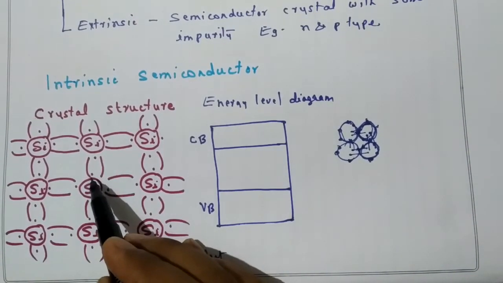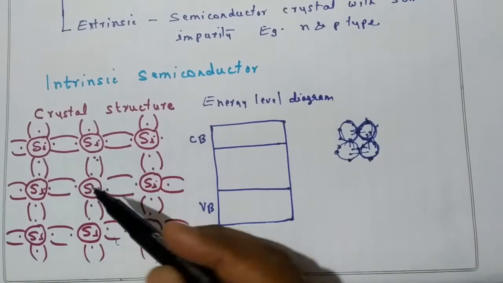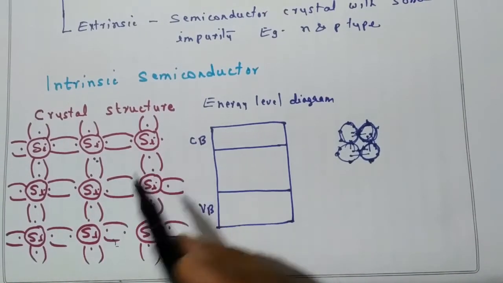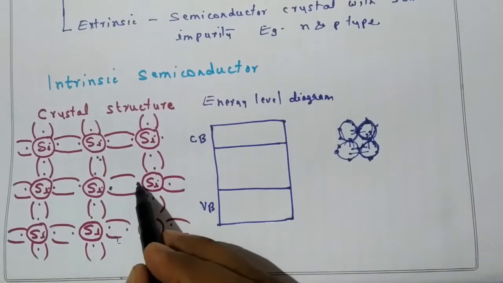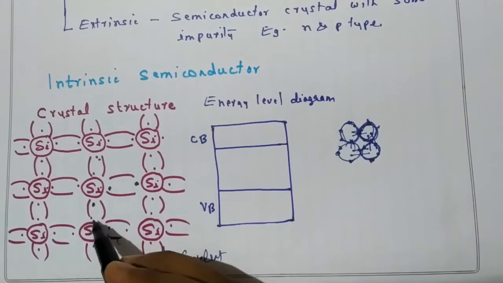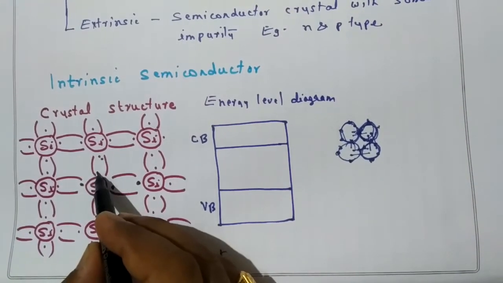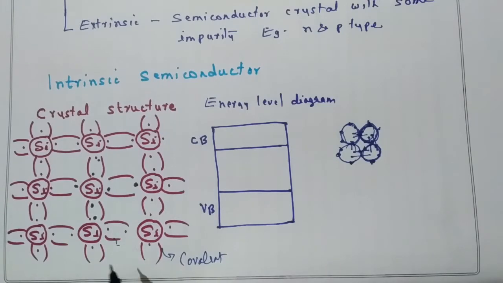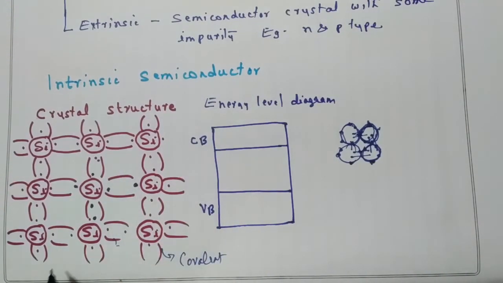This is the valence electron of this silicon atom that will be bonded with the valence electron of its neighboring silicon atom. Similarly here also, this is the silicon atom, and this is the valence electron of its neighbor. So this will continue. This is the structure at absolute zero.